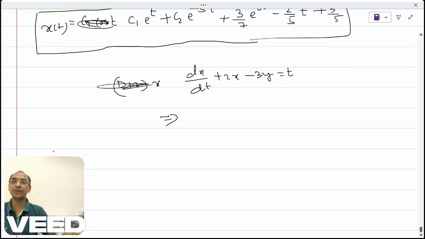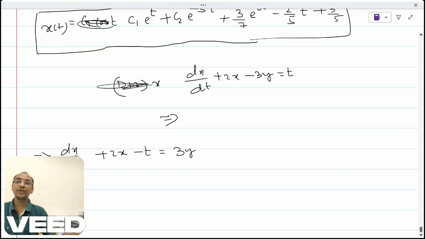So dx by dt plus 2x minus t equal to 3y.